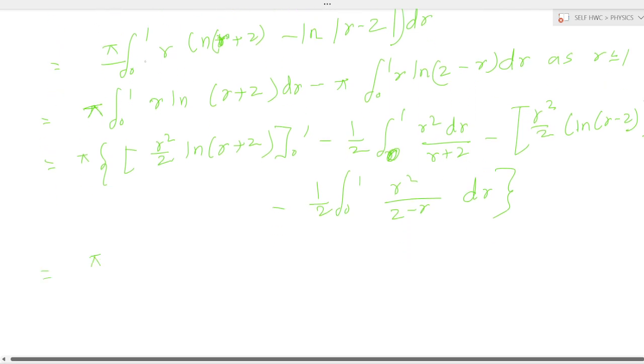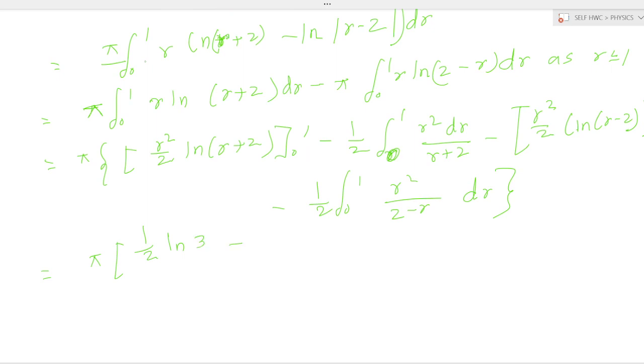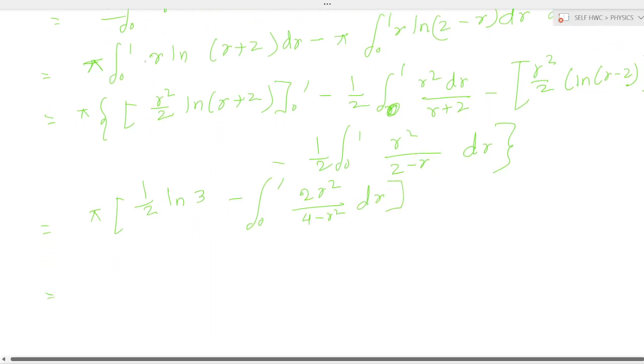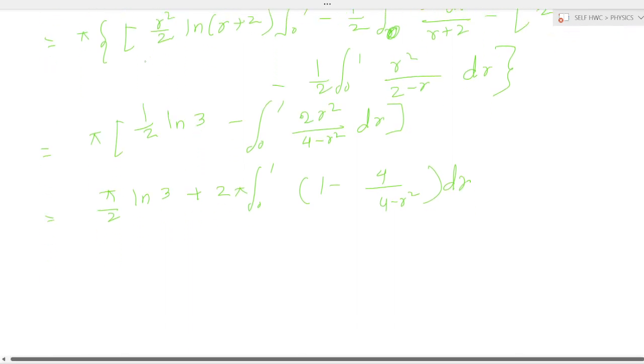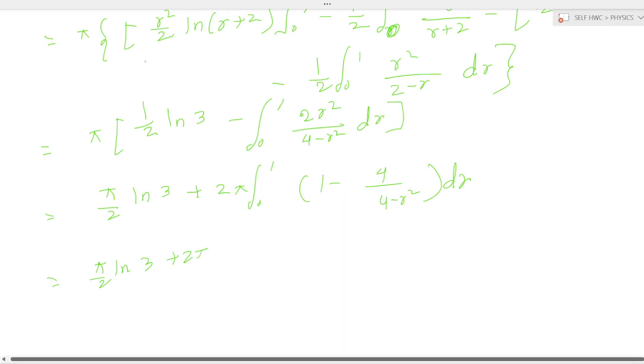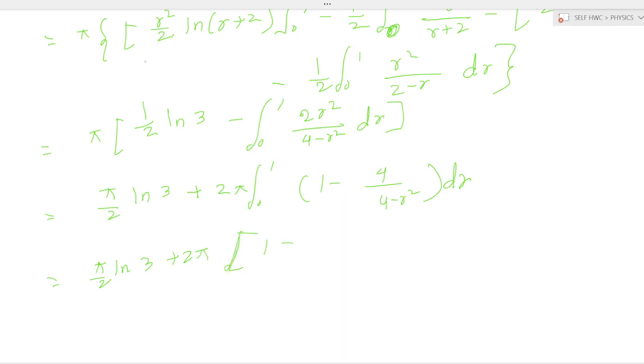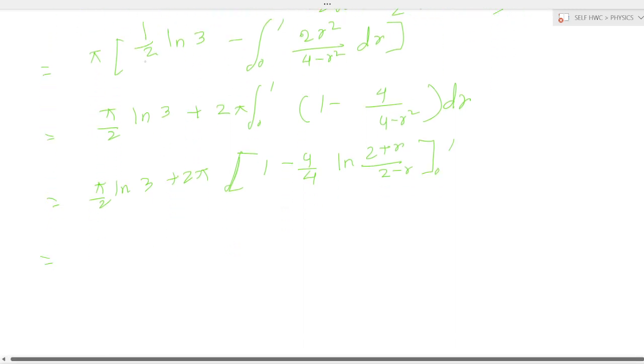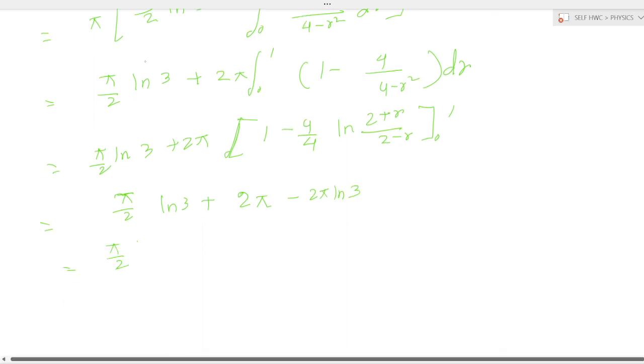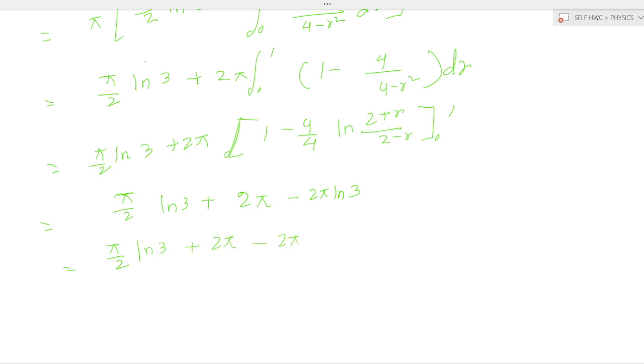Okay, this is equal to pi times [1/2 ln 3 minus the integral from 0 to 1 of (r²/4 − r²) dr], and this is equal to pi by 2 ln 3 plus 2 pi times the integral from 0 to 1 of (1 − 4/4 − r²) dr, which is equal to pi by 2 ln 3 plus 2 pi, and so on, which gives pi by 2 ln 3 plus 2 pi minus 2 pi ln 3.